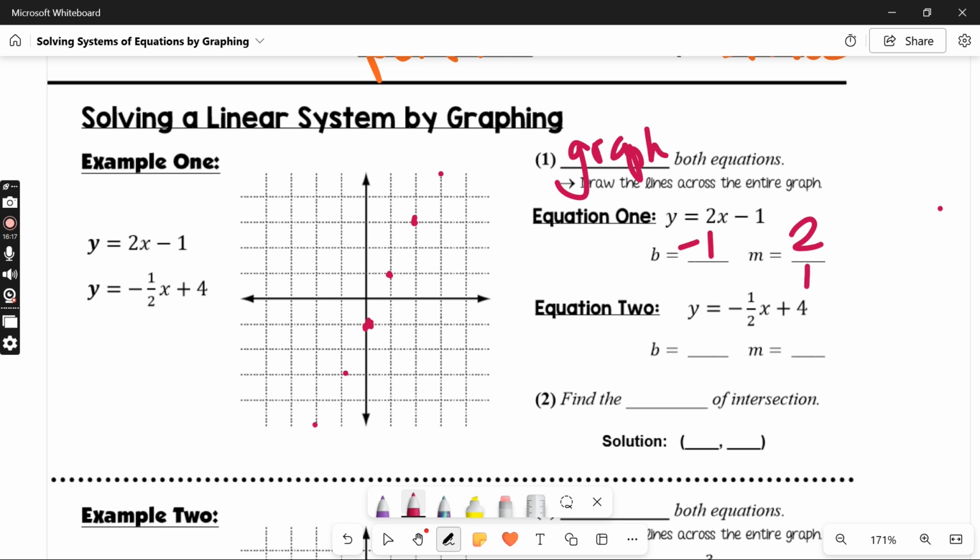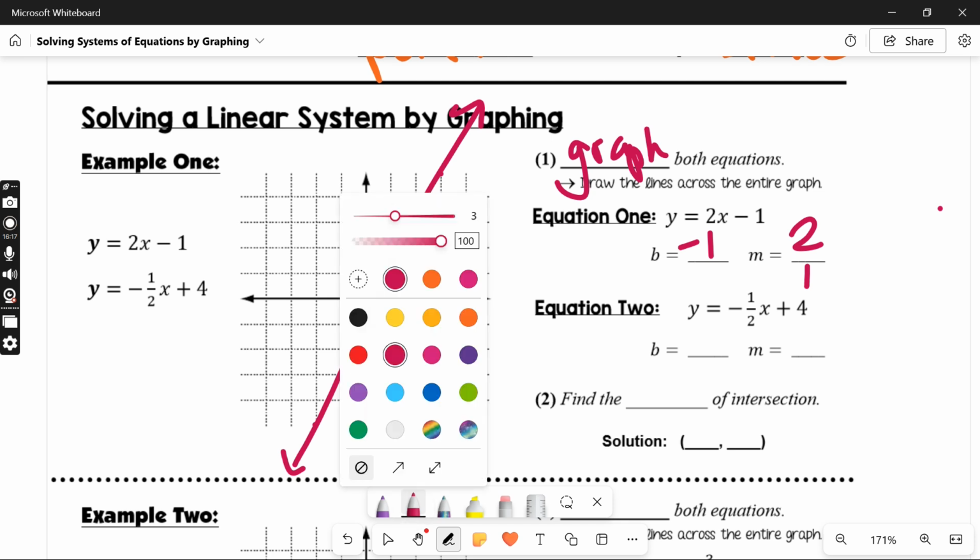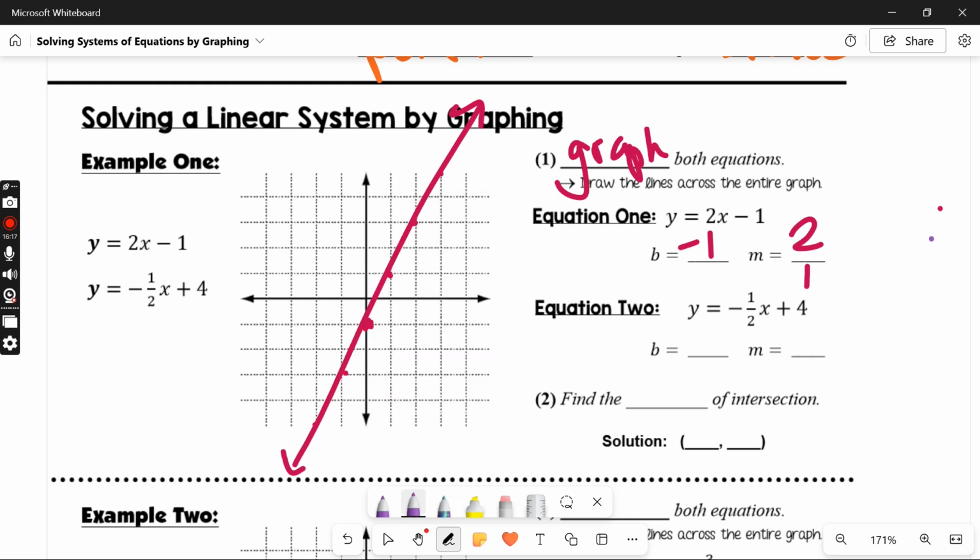Once I have all the points on there, I'm going to connect them the best I can. You could use a ruler, because there are rulers in my room, so you could pause it and grab rulers, and make sure yours are nice, pretty, and straight so that we know they cross at the right spot. I also suggest using different colors, so that you can see which one goes with which equation.